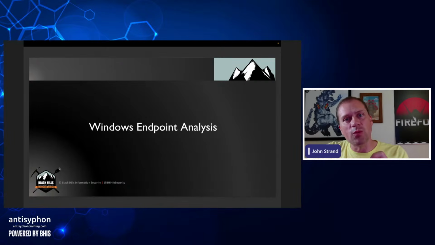And the reason why we did that progression is because we're going to be creating malware for a Windows computer system and making it call back to our Linux computer systems. So it kind of doesn't make sense to just jump straight in with Windows. We need to take some steps, understand networking, understand some basic Linux, and then move into the Windows endpoint analysis as well.